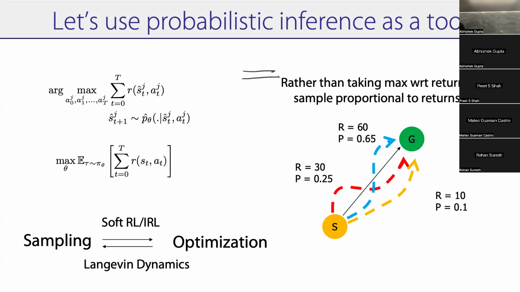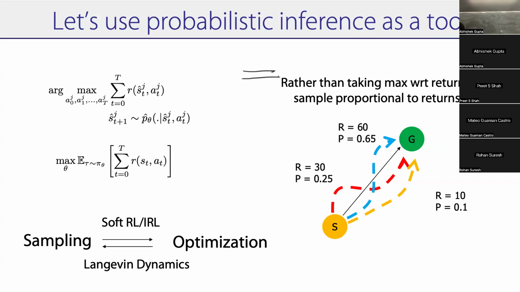For those of you who are familiar with diffusion models and Langevin dynamics of score functions, that is going this way: use optimization as a tool to enable sampling. And in control as inference, we're going to use probabilistic inference and sampling as a tool for optimization, for soft optimization, right? So these two fields are super connected, and control as inference gives us a nice way to connect them in the context of reinforcement learning.